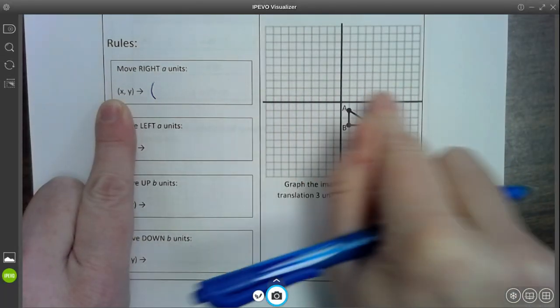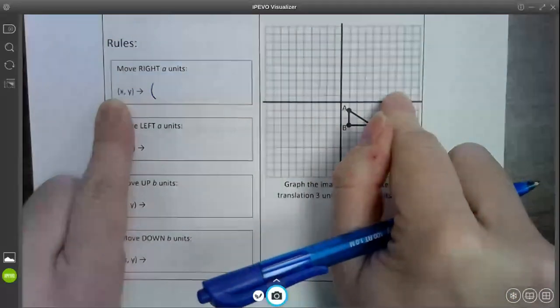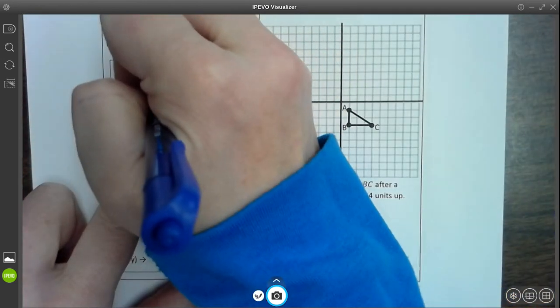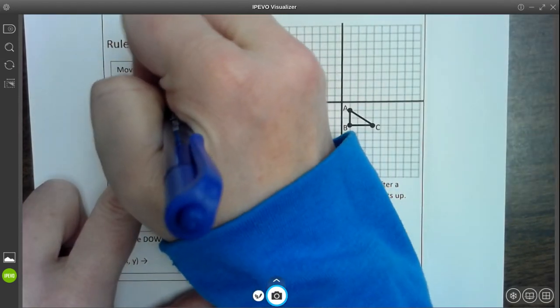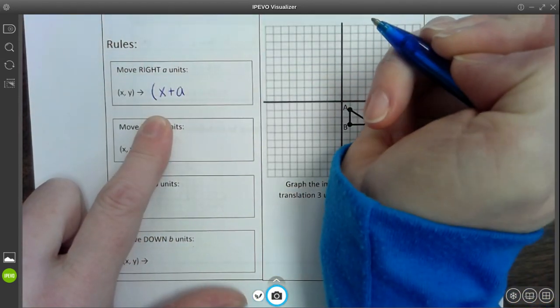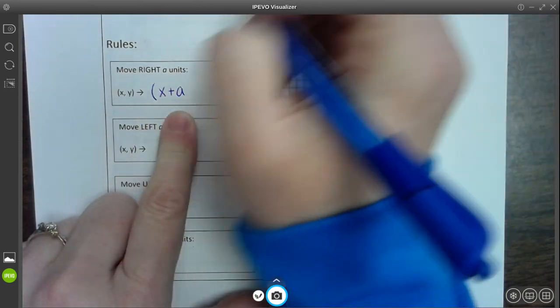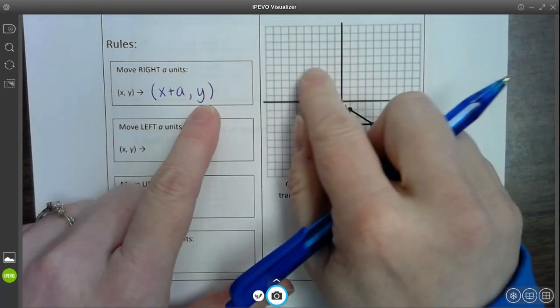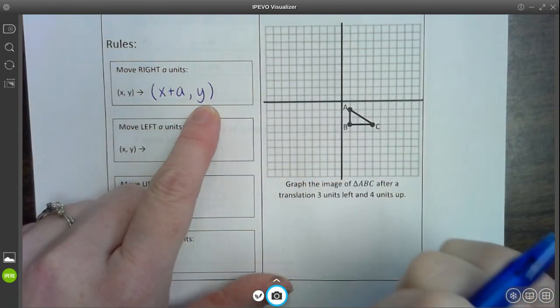Because the x-axis is the one that moves left and right. And the right is the positive direction. So what I'm going to be doing is taking the x coordinates and adding the a value, however many units we're moving to the right. The y value is not going to change, okay, because we're only moving it left or right. We're not moving up or down.